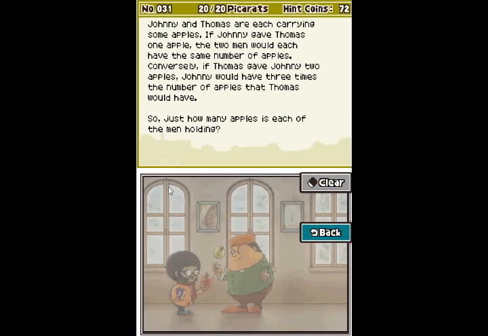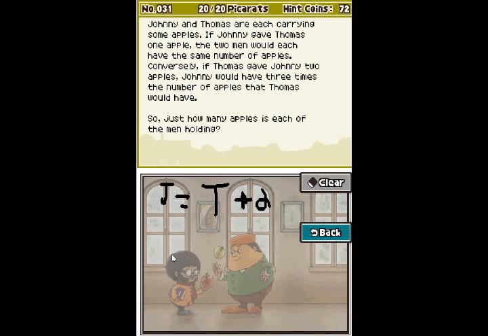If Johnny gave Thomas 1 apple, that's... I'm an idiot. So Johnny equals T plus 2. Right? Right. Whatever Thomas has, Johnny has 2 more. Let's try to keep this in perspective and use positive, shall we?